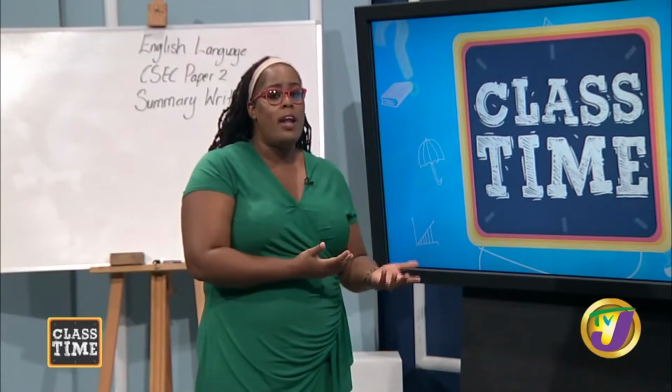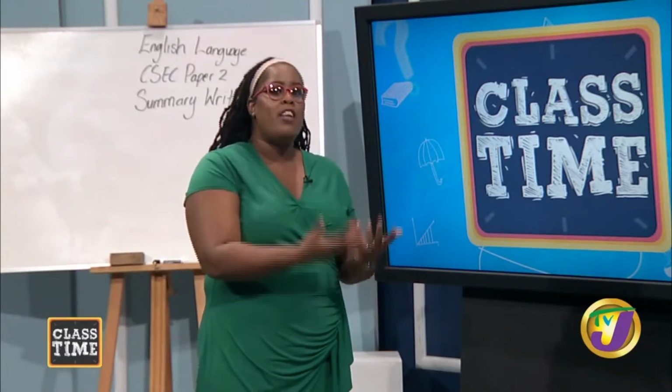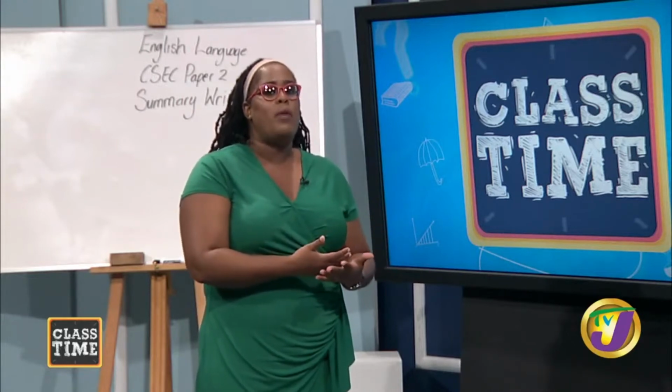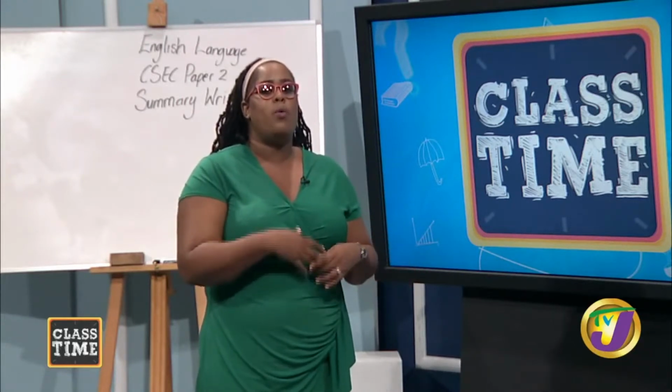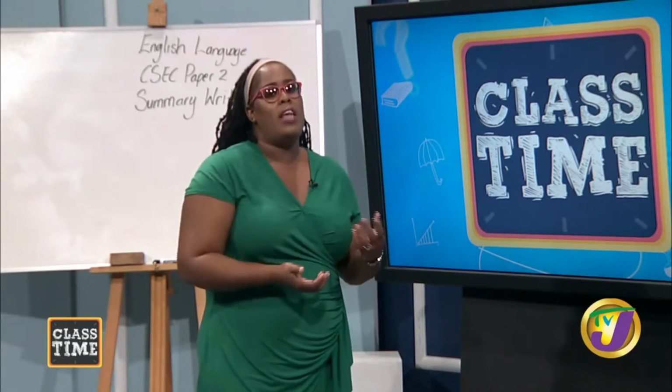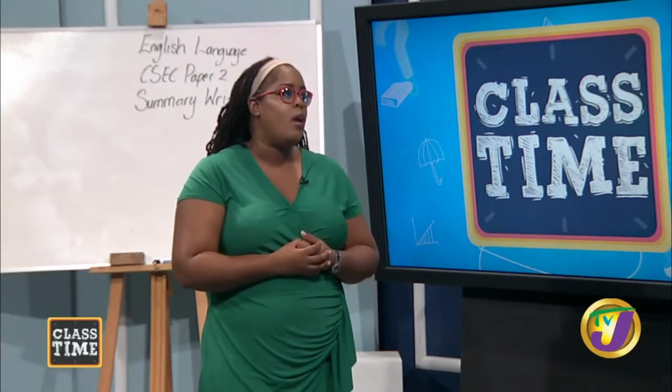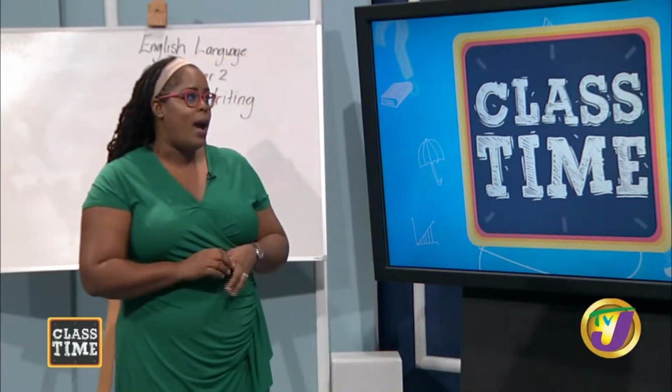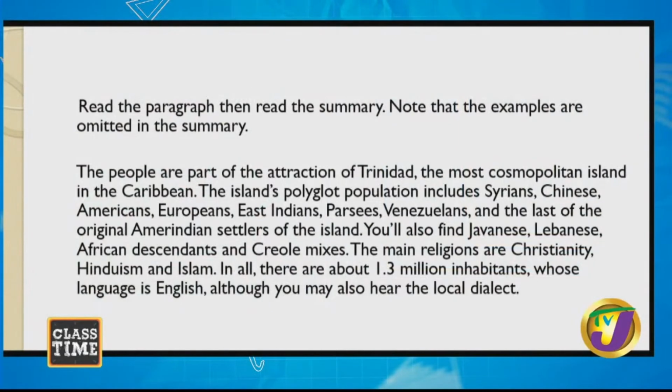Now practice. Practice makes perfect. So we're going to be looking at a paragraph or an extract that has examples, and we're going to look at how we were able to condense or summarize the information without the examples being present. Read the paragraph, then read the summary. Note that the examples are omitted in the summary. The paragraph here: the people are part of the attraction of Trinidad, the most cosmopolitan island in the Caribbean.